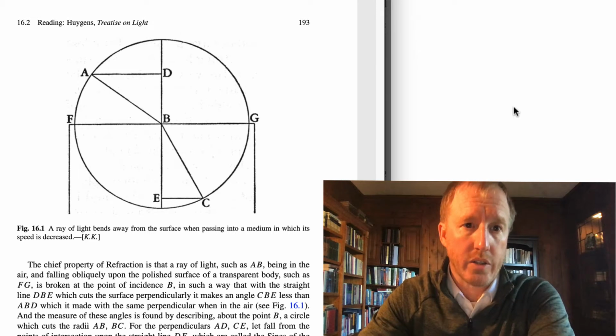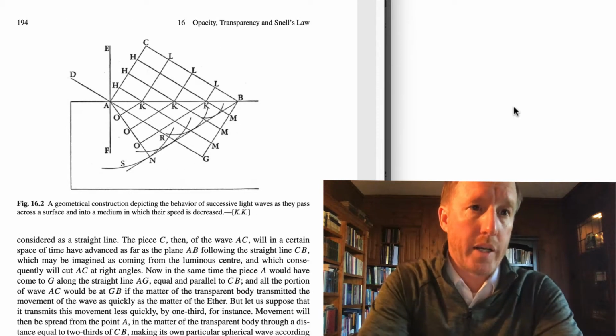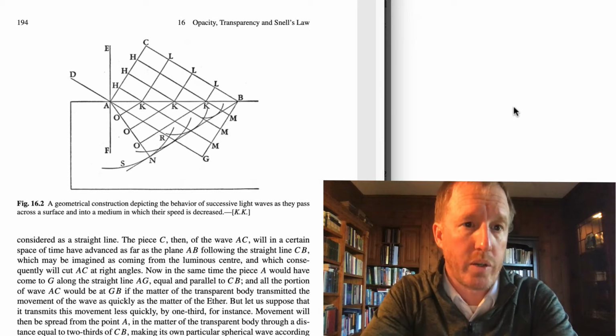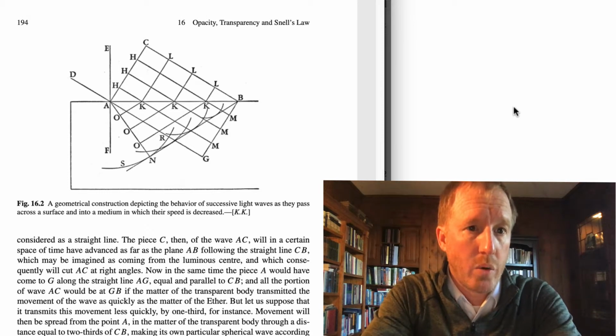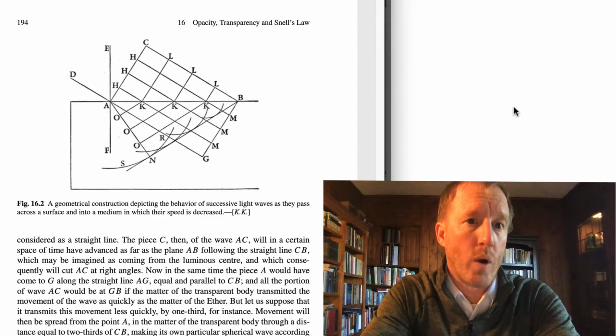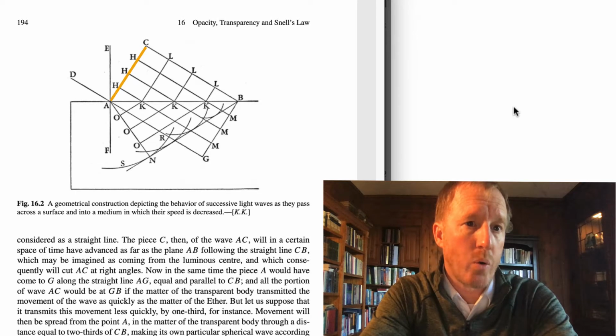How does Huygens approach this using his wave theory of light? This is illustrated on page 194, figure 16.2. Here we have a block of glass, let's say, and you have an incoming ray of light that can be represented by wave fronts that are coming in. So the line segment AC would be a wave front at any particular moment in time.